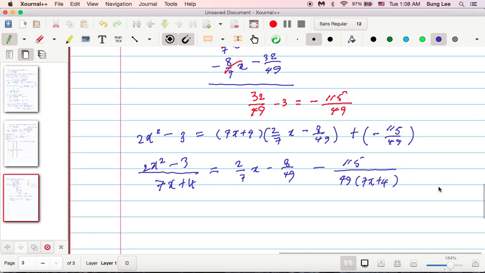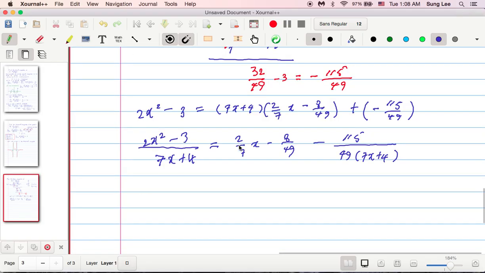So how does this help to find the oblique asymptote? Here's what happens. We are talking about large x.